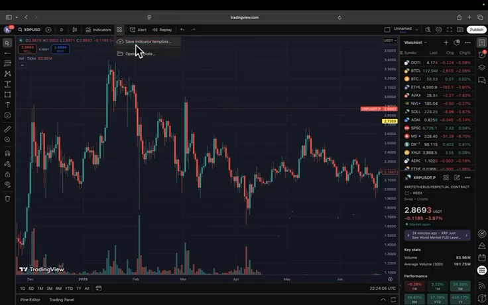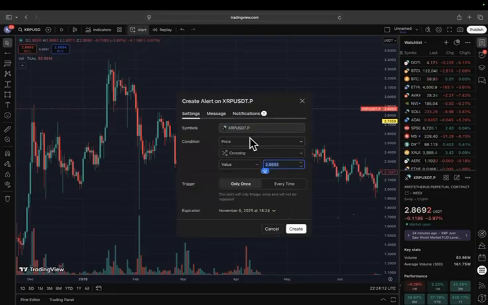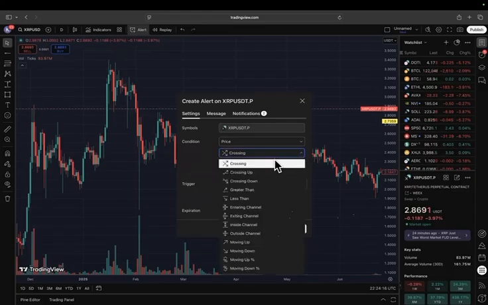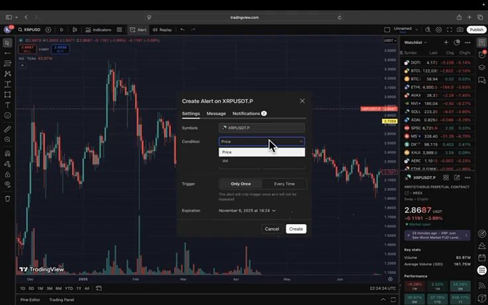You can put multiple templates on your chart. I don't do that. You could do that if you want to set the price alerts. If you say you want this thing to come, yeah, I have no idea what that means. Crossing, less than, probably just leave it like that. But if you want price to come to, let's set our price to like $3.